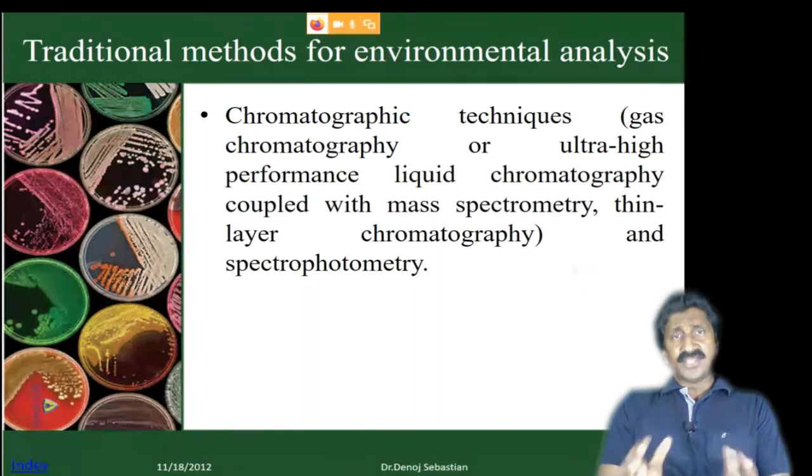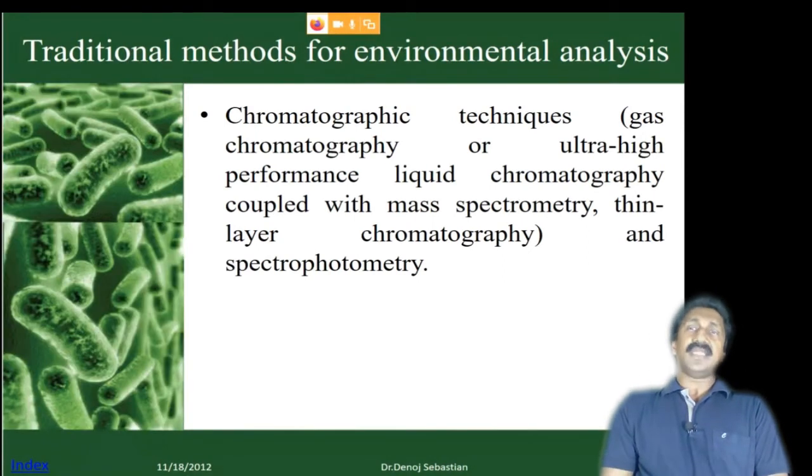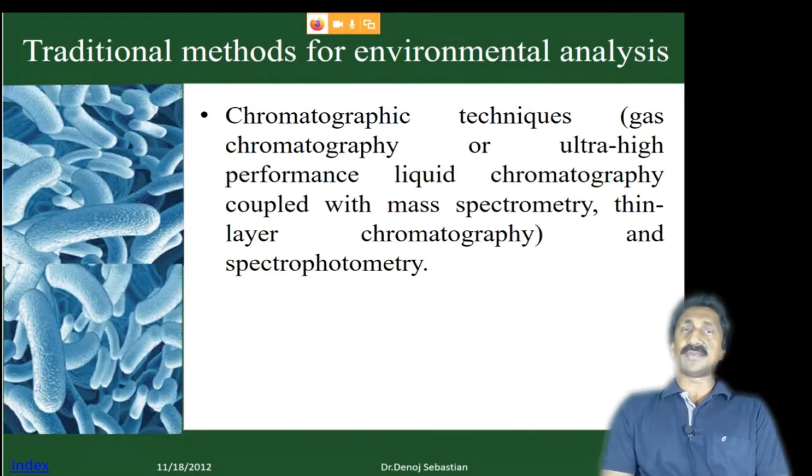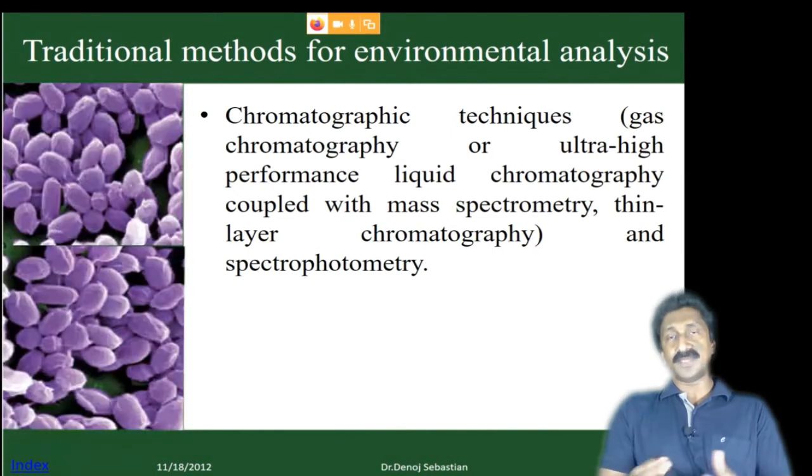And there are different traditional methods for environmental analysis. The classical or traditional methods that are widely used were chromatography techniques like gas chromatography or ultra high performance liquid chromatography, which is coupled with MS, that is mass spectroscopy.